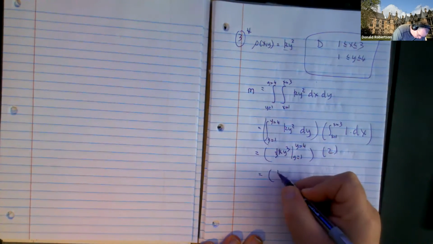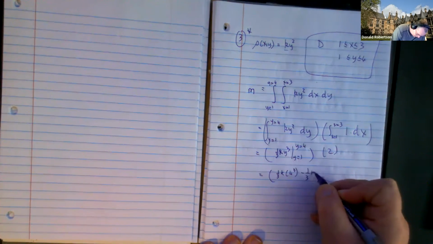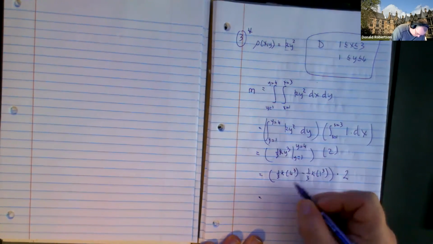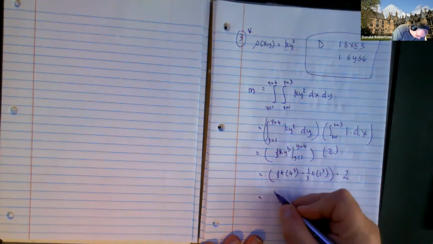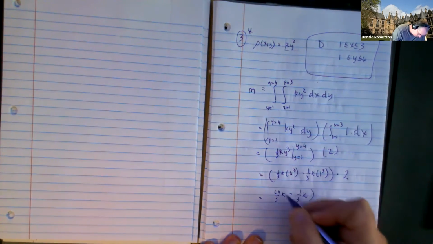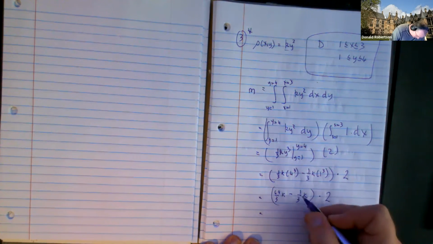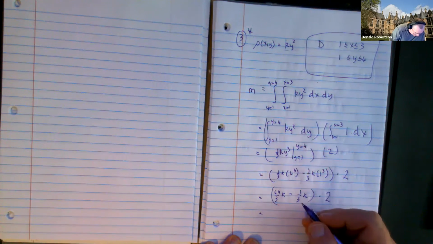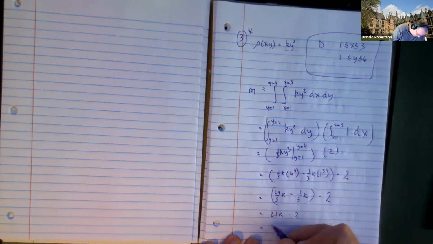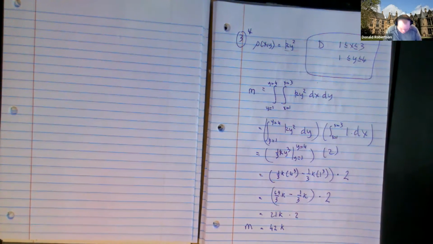So it's going to be 1/3 k times 4 cubed, take away 1/3 k times 1 cubed, and everything gets multiplied by 2. 4, 16, 64 thirds k, take away 1/3 k, everything gets multiplied by 2. 63 thirds is another way of saying 21k times 2. So the answer is 42k. And guess what? I did it right, so I'm pleased.